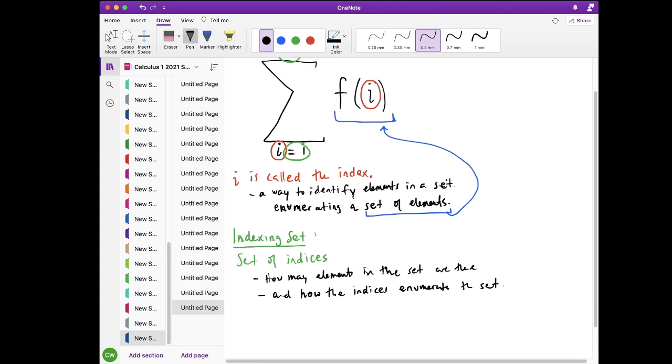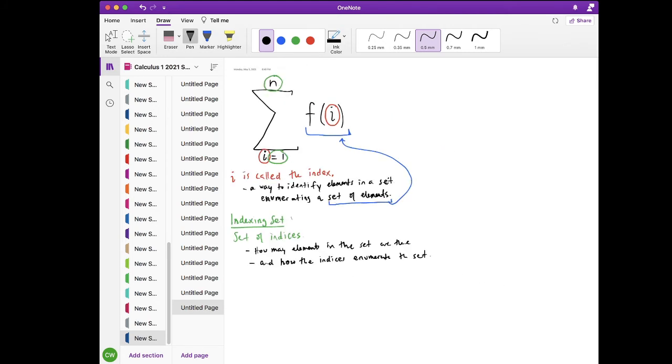Okay, so how do you determine the set of indices from this i equals 1 and n? What does the i equals 1 mean? This means the start of your index. And this n is called the end of the index.